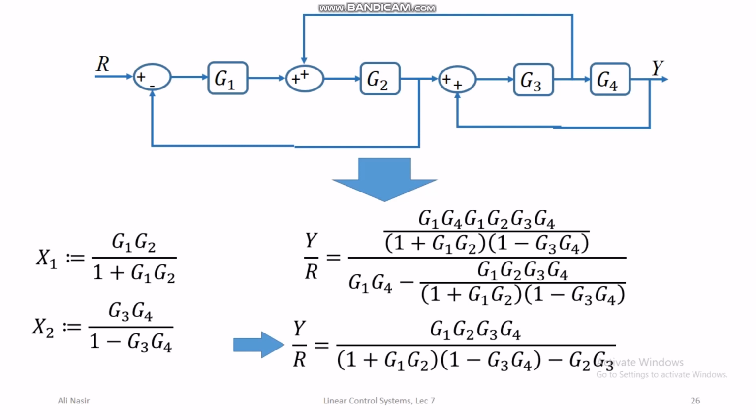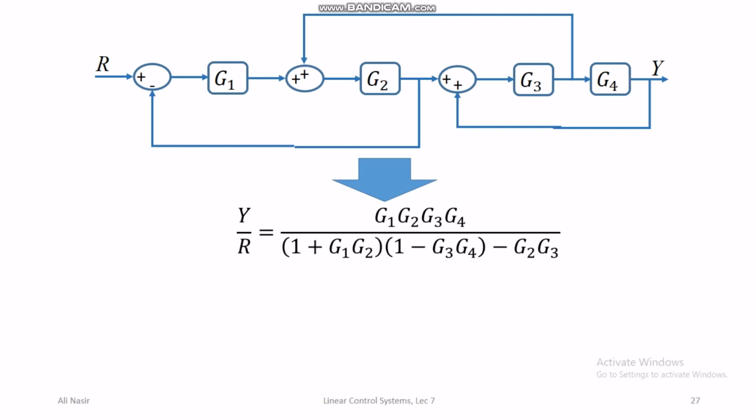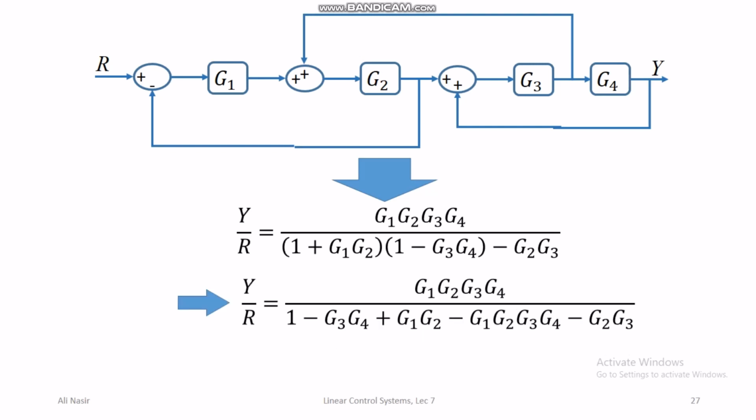And the bottom equation, the equation at the bottom of the slide, I can further simplify. So I've copied it on the next slide, and if I multiply out the terms in the denominator, then I get this equation.